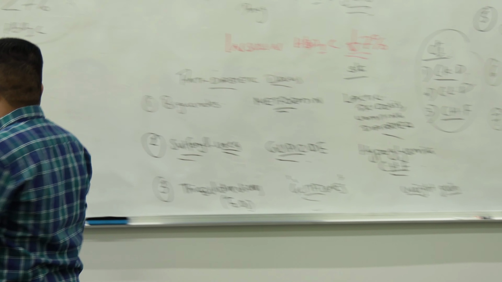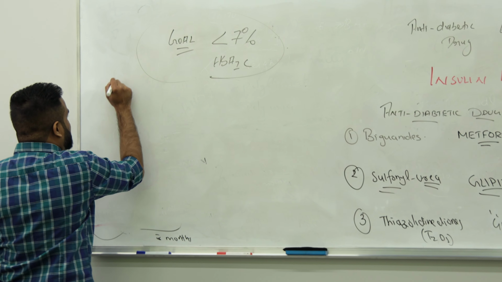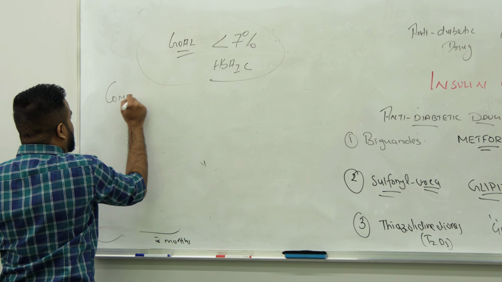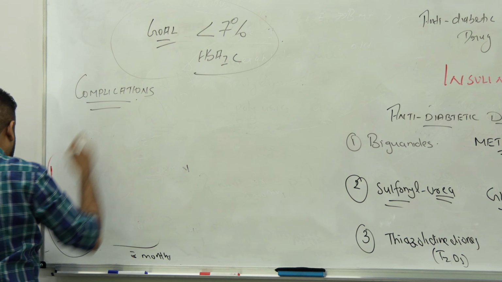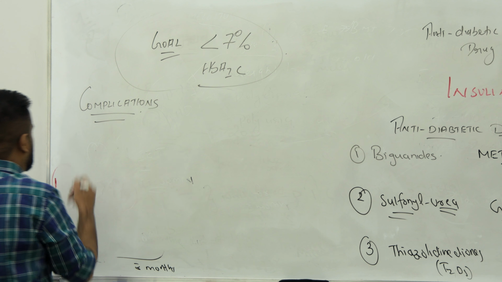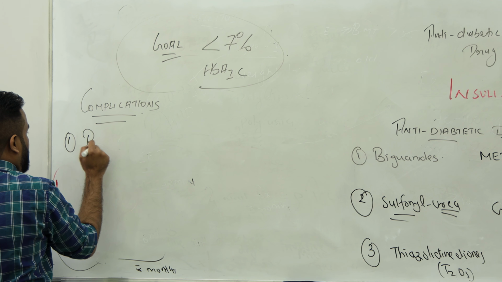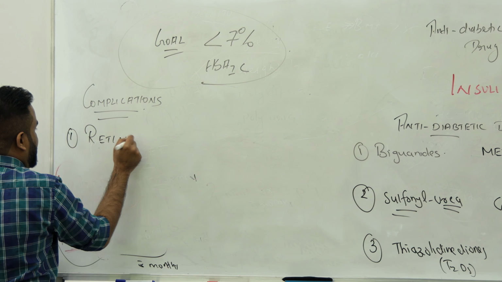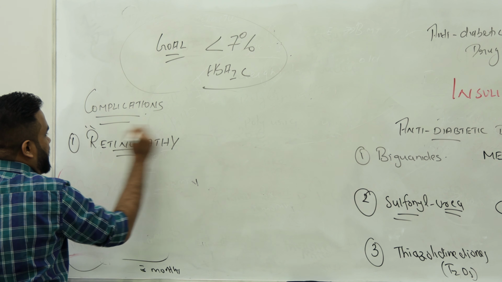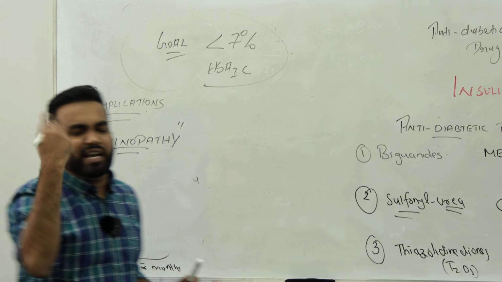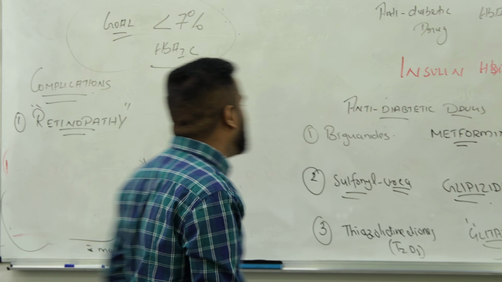See, listen here. If I don't make it less than 7%, soon the patient can have complications. The patient will start having diabetic retinopathy. He will lose the vision. He will have cataract. Sorbitol will accumulate. Remember, overnight cataract or snowflake cataract.